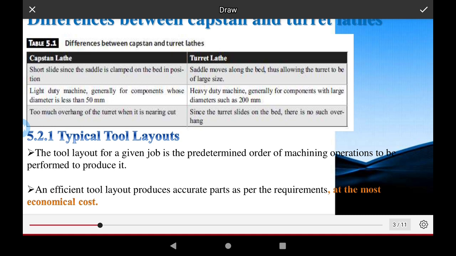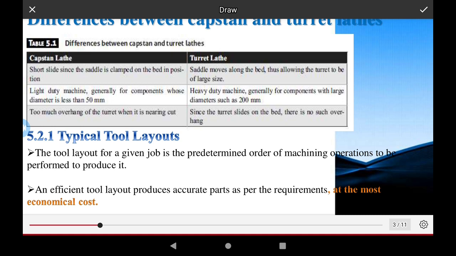Okay, in this plant there are typically two layouts of the machines present. An efficient tool layout produces an accurate part as per the requirement at the most economical cost.